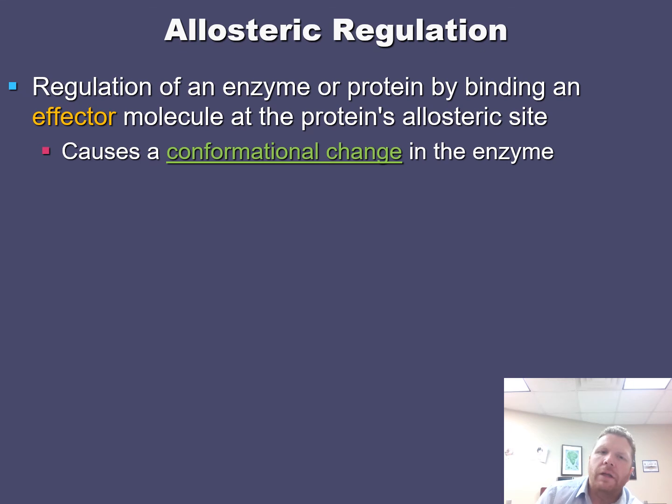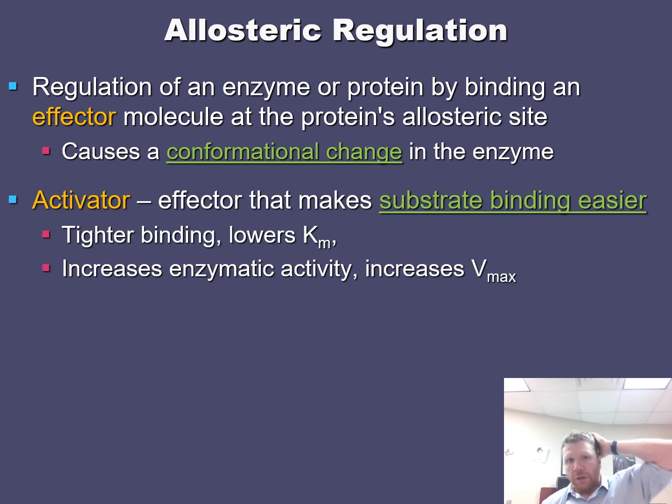Now, allosteric regulation is the form of enzyme regulation where an effector molecule binds to the protein's allosteric site. This causes a conformational change in the enzyme. An activator is an effector that makes substrate binding much easier, and so it's going to lower the Km.